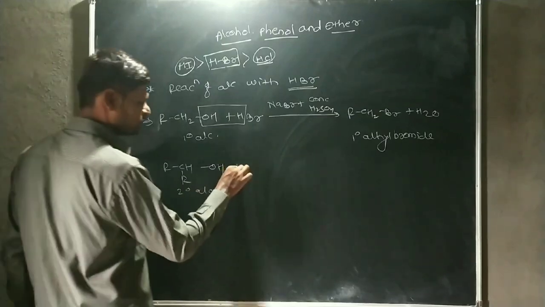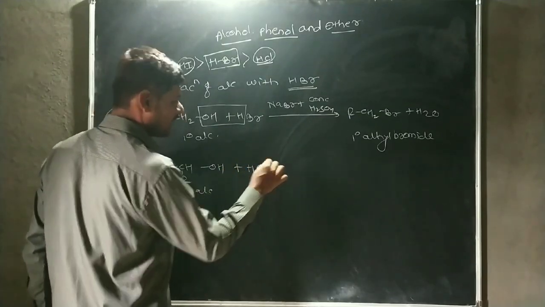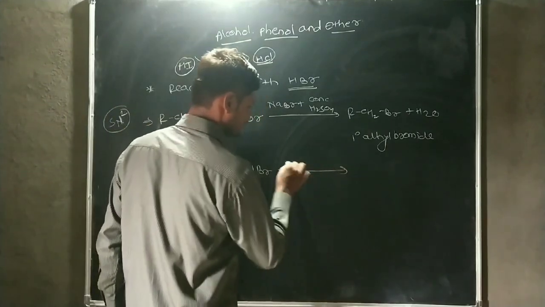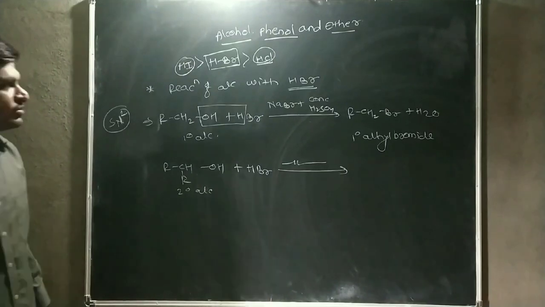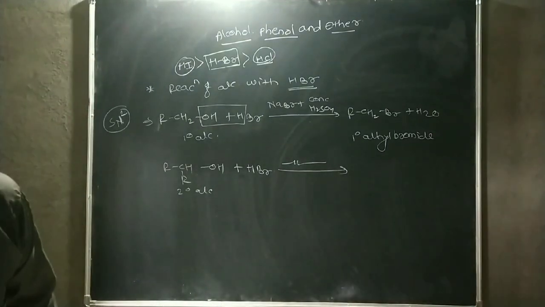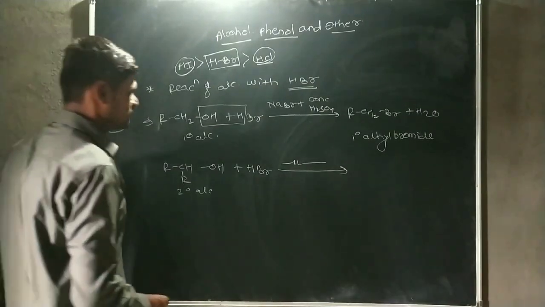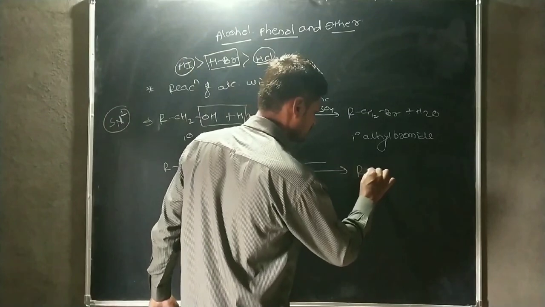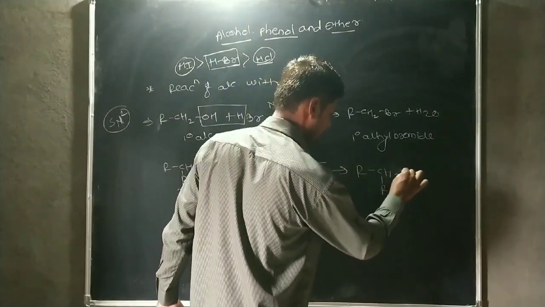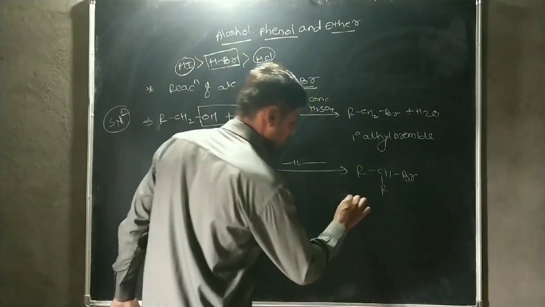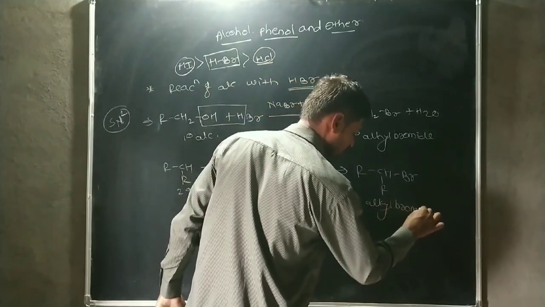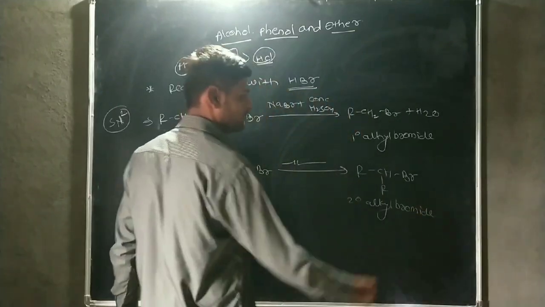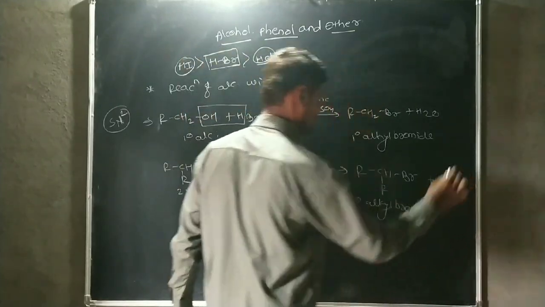If the secondary alcohol is reacted with HBr, prepared by the mixing of NaBr and concentrated H2SO4, then it forms the corresponding secondary alkyl bromide, plus a water molecule is eliminated.